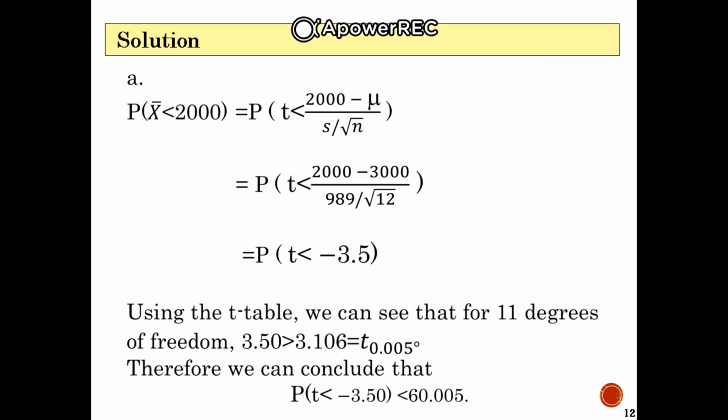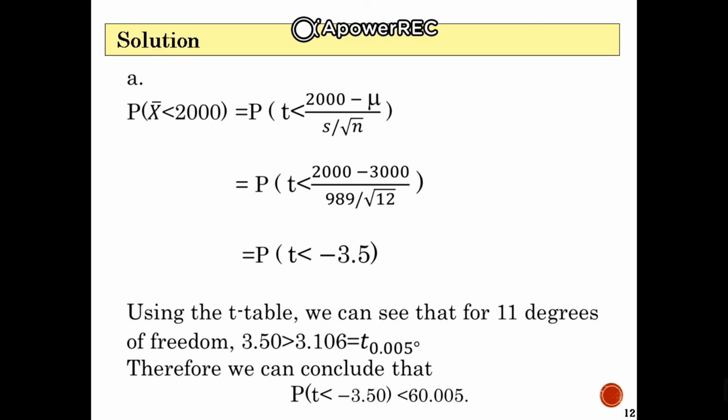So using the formula, t is equal to the sample mean minus mu over s divided by the square root of n, we can conclude that the probability of the sample mean less than 2000 is equal to the probability of T less than 2000 minus mu over s divided by the square root of n.